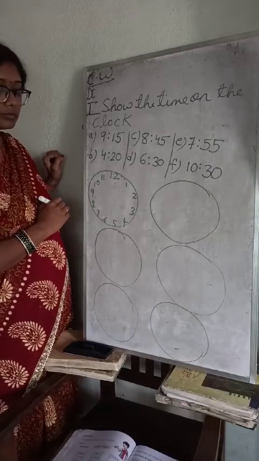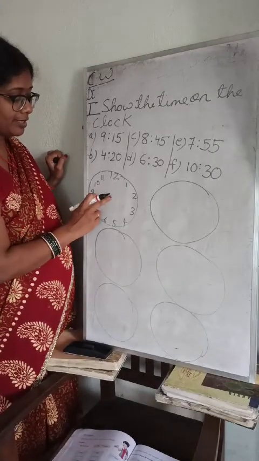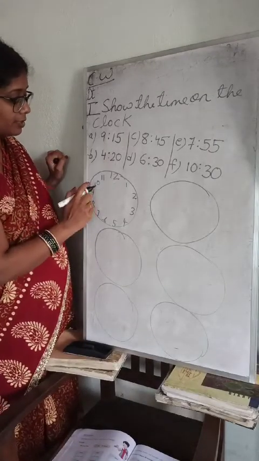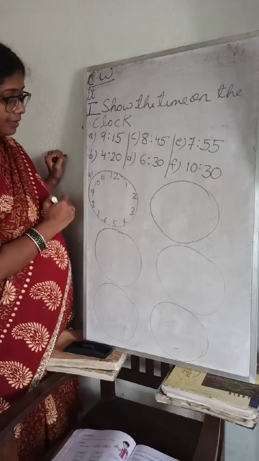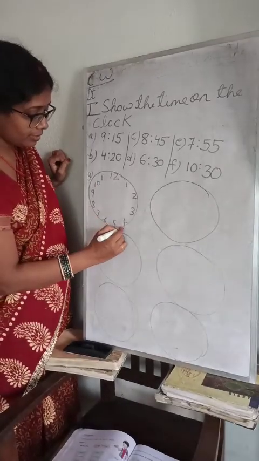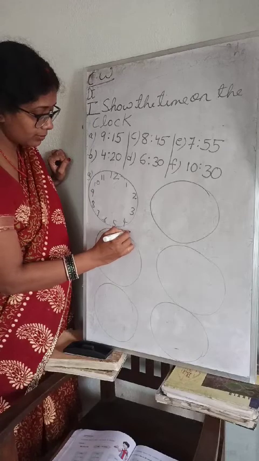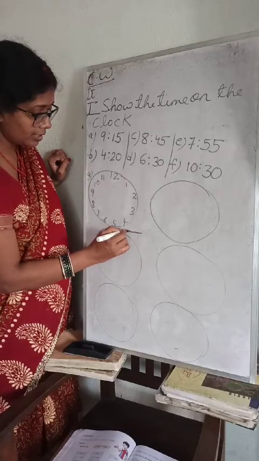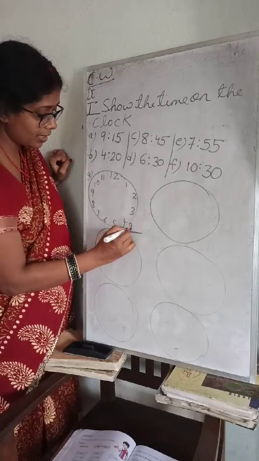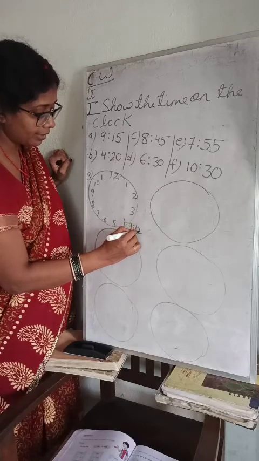Okay? After writing down the numbers, you will bring down this first number. This is clock A. And you will write the time just below this clock, underline it and write the time. You have to show here 9:15.